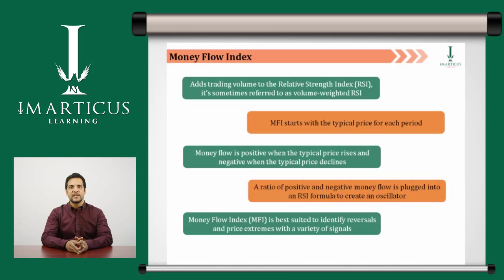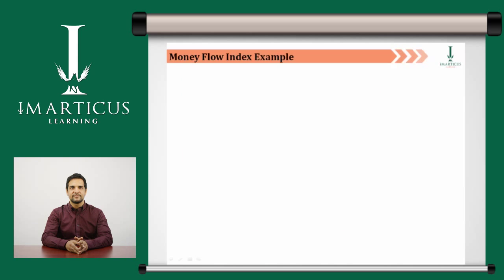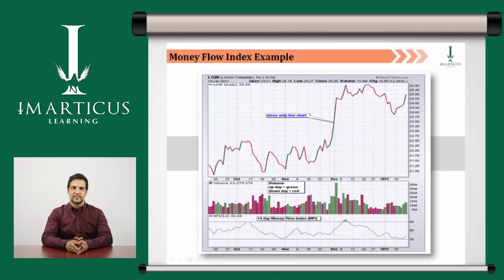As a momentum oscillator tied to volume, the MFI is best suited to identify reversals and price extremes using a variety of signals. Because volume is added to the mix, the money flow index will act a little differently than RSI.